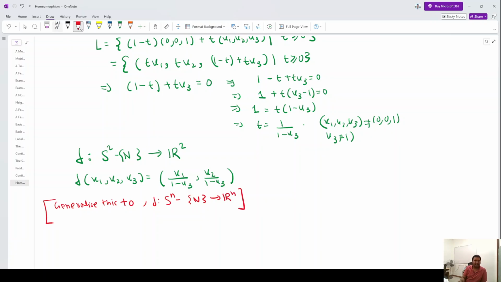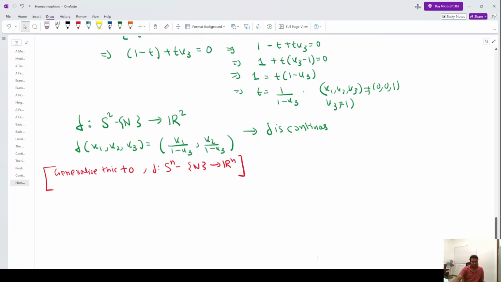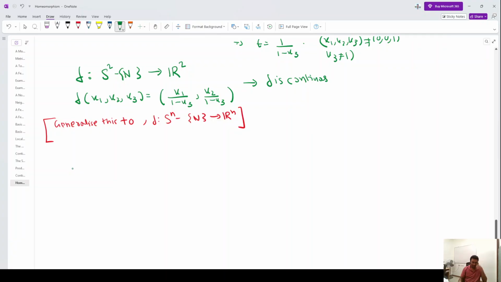Now, note that f is continuous. R square has the product topology. The projections are continuous, so this is continuous. And this you can show easily. I'm not going to prove that this is continuous because this is something you have learned in calculus. If not, it's the time to learn. That's all.